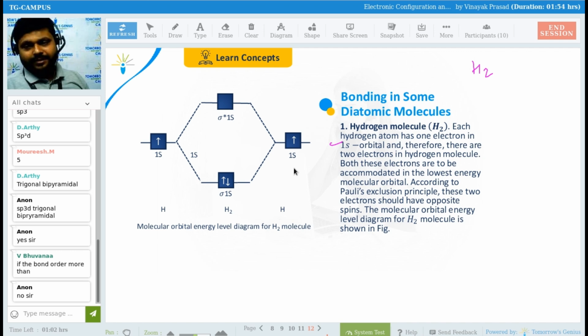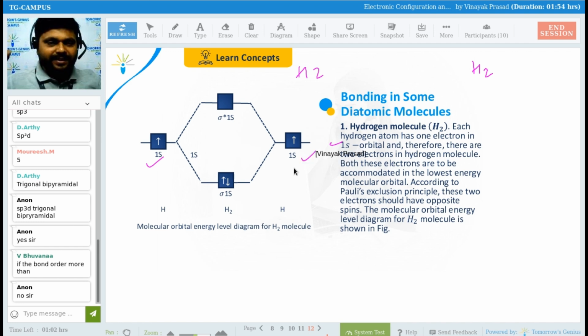So hydrogen: each hydrogen atom has one electron in the 1s orbital. Therefore, there are 2 electrons in the hydrogen molecule. We write 1s and 1s parallelly.